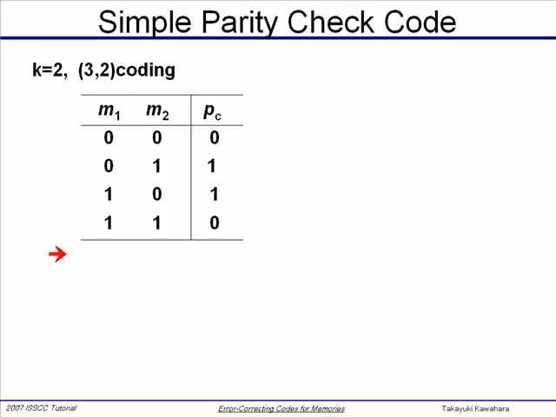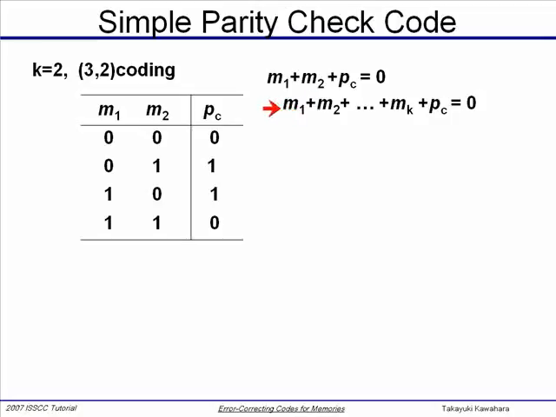Okay. Again, our target is to calculate the syndrome. So please be patient, I will write it down. This is the code equation. Only one equation here: M1 plus M2 plus PC is 0. As you know, in finite field theory, plus and minus are equivalent.